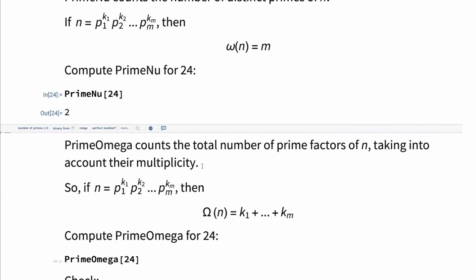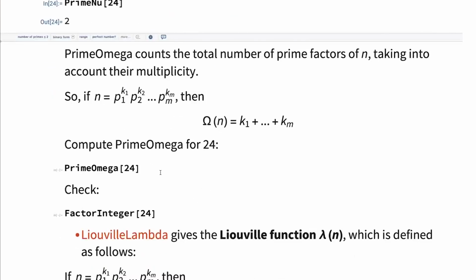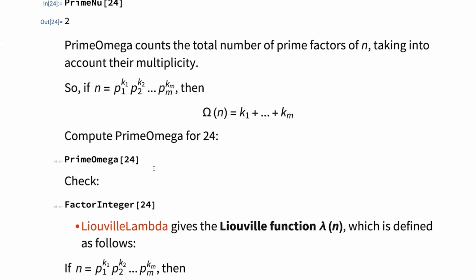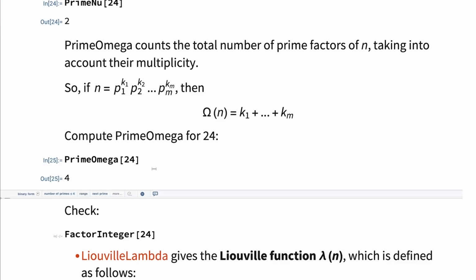And PrimeOmega counts the total number of prime factors of n, taking into account now their multiplicity. So if n has the following prime factorization, then PrimeOmega would be equal to k1 plus ... plus km.